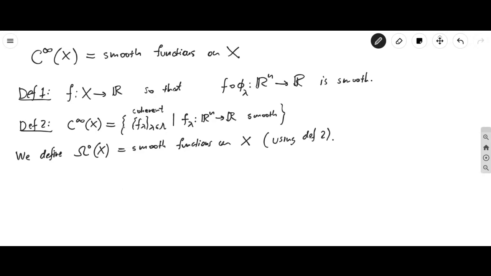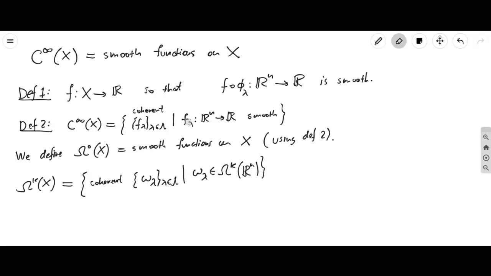Okay, and then after that, you can define omega k of x. You would then say that this is the collection of, this would be coherent choices. It would be a coherent family of omega lambda, where each omega lambda is a k-form on your chart.